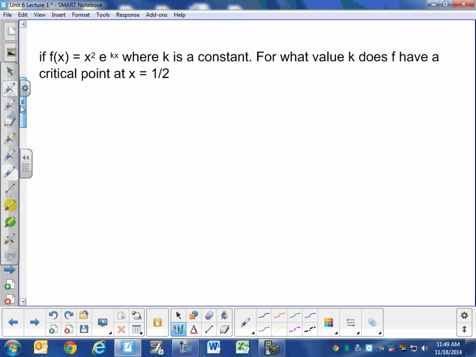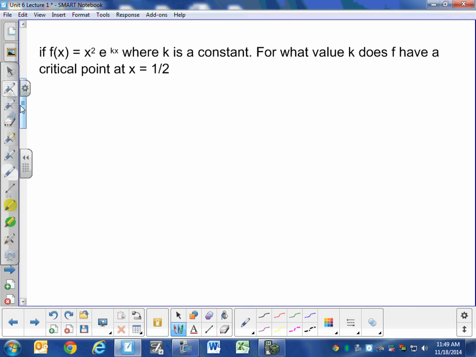Next problem. It'll be the last problem we can get to, but there will be more on the video. It's a good problem. Yes, that's e to the kx, where k is a constant. For what value of k does f have a critical point at x equals a half?